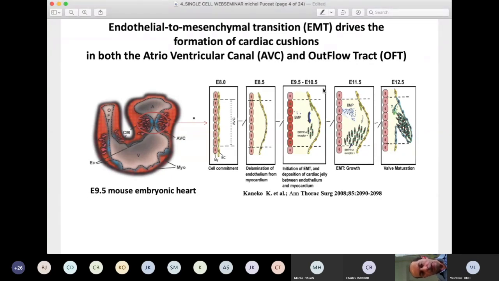The endocardium is everywhere in the heart, but just at these very discrete regions, EMT will occur.